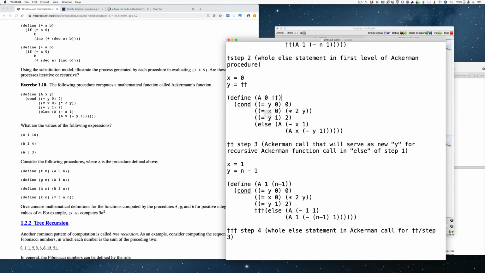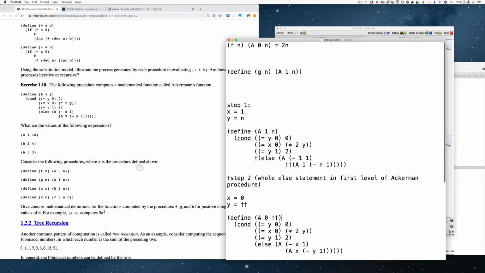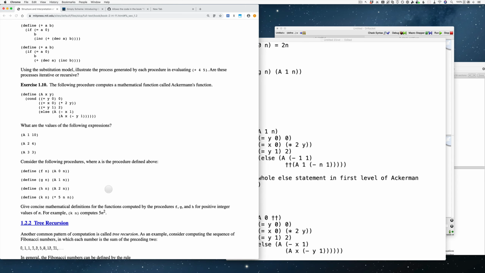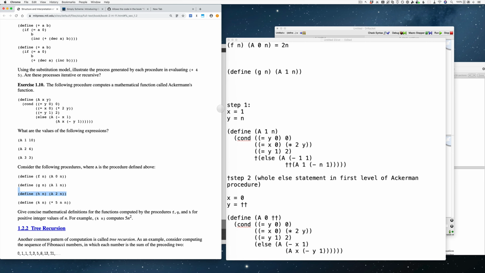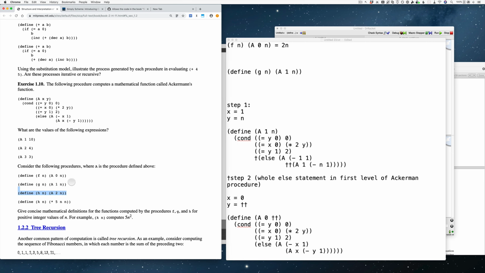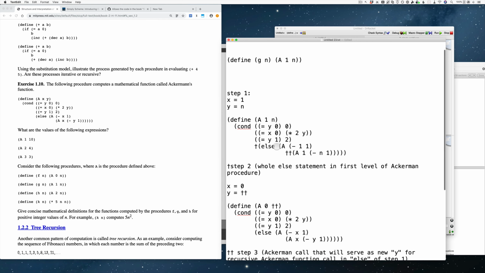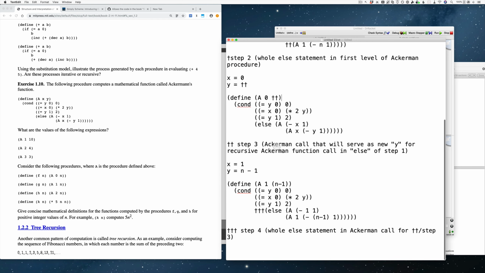So I basically tried mentally stepping through the procedure. Like if we gave 1 and n to the Ackermann function, what would happen at different steps.